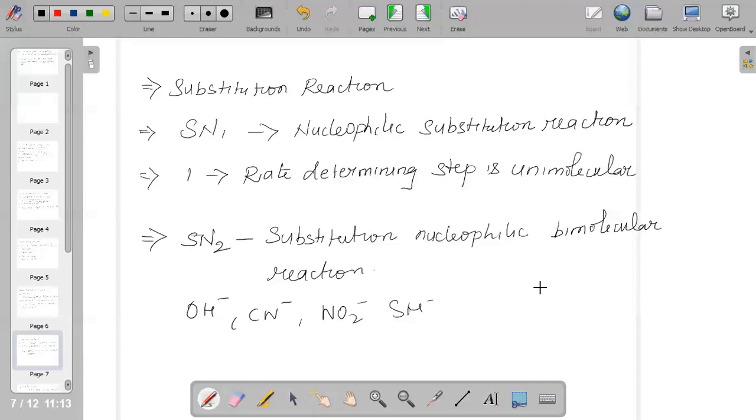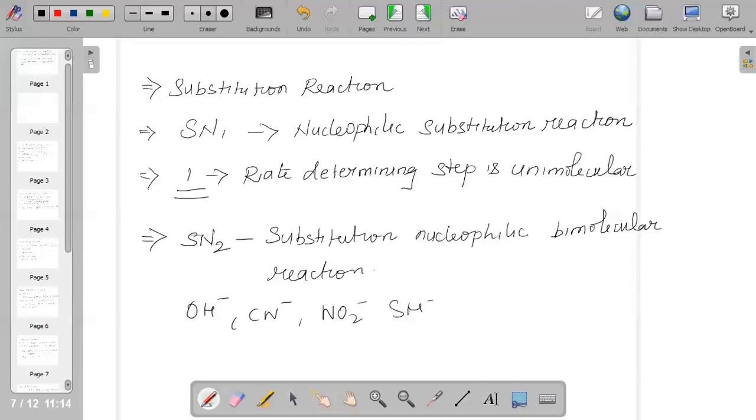So when we talk about SN1, it is a two-step reaction, where the bond between carbon and halogen will break and you will have a carbocation formation. The rate of the reaction will depend only on the haloalkane but not on the nucleophile.